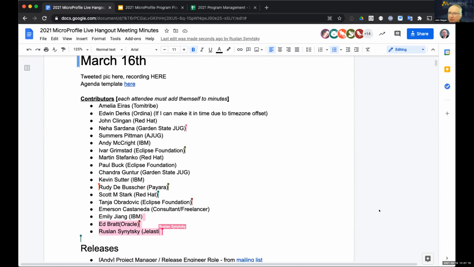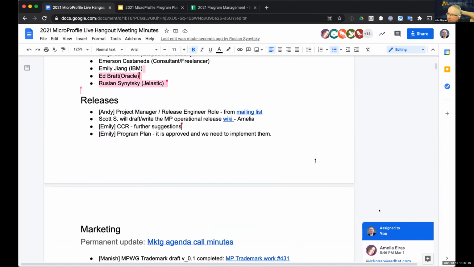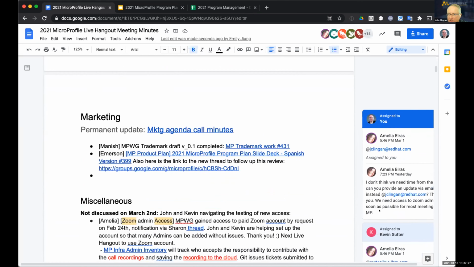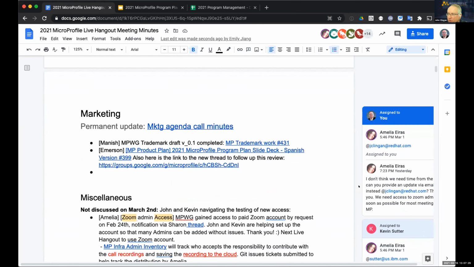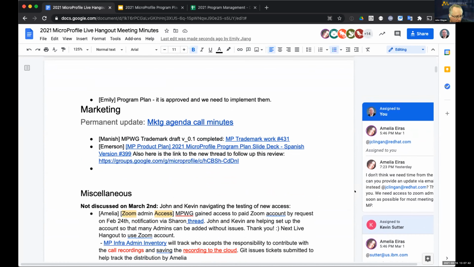With that being said, for today's call, I'd like to focus first. I know we have a few other topics here on budget. So there's two top level things, I think, to discuss. I think Paul and Sharon were going to cover the MicroProfile budget, and they've got some experience with the other working groups and how they do budgeting, and that can help us out here.